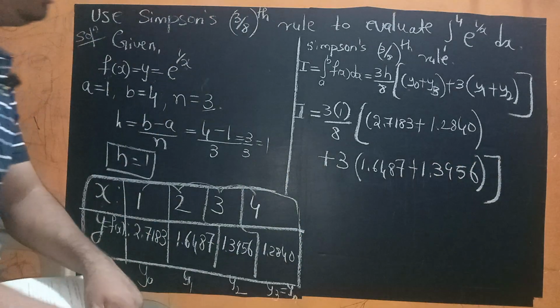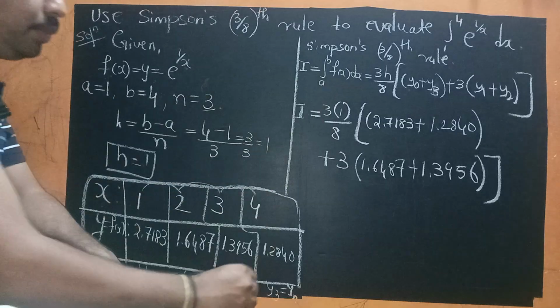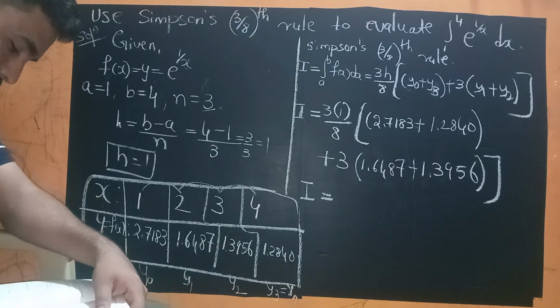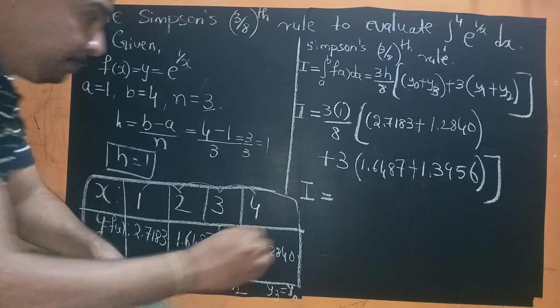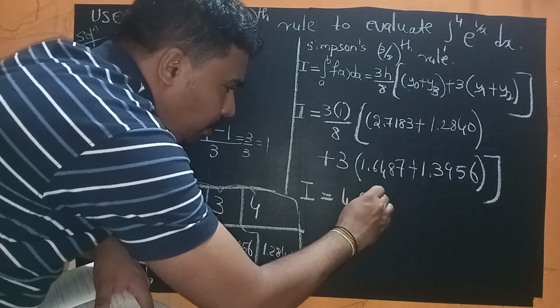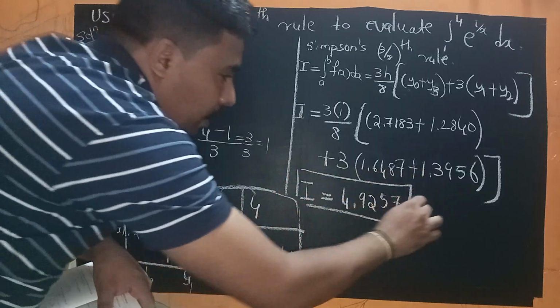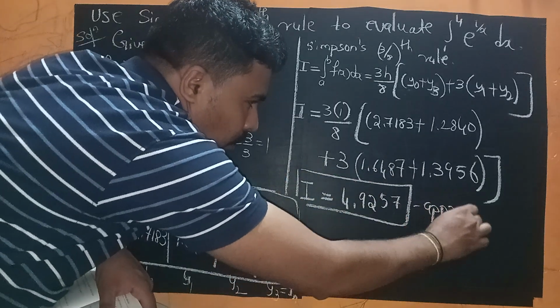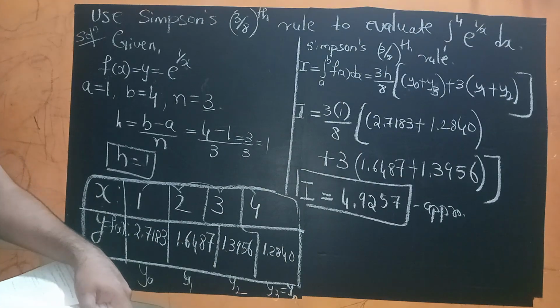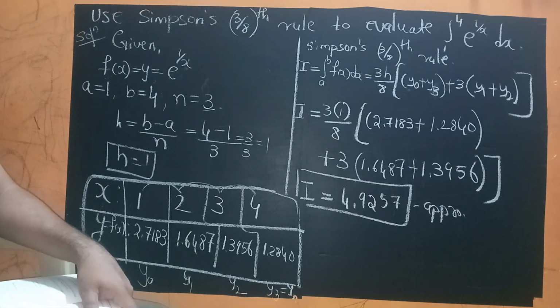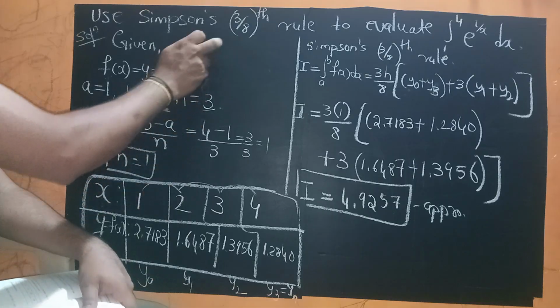If you replace all these values and simplify using the calculator, you will get the value 4.9257, approximately, because it is a numerical technique. So this is how we evaluate e power 1 by x between the limits 1 to 4 using the 3 by 8th rule.